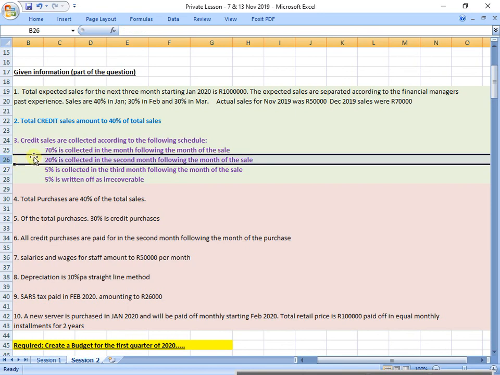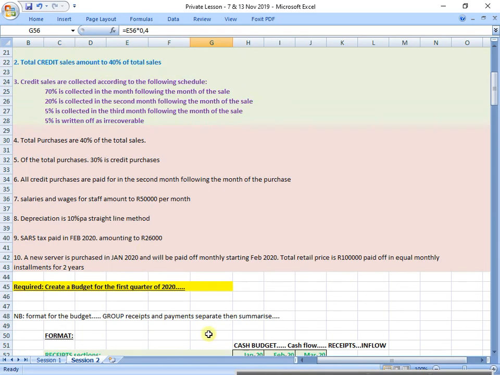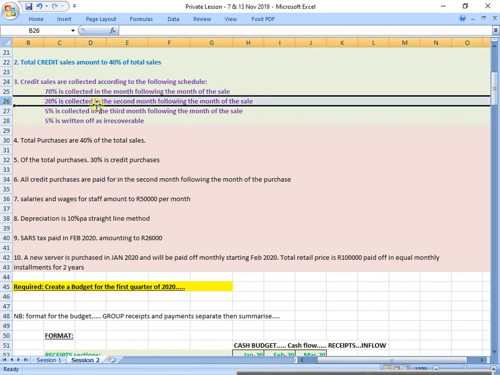Okay, look at the next line. 20% is collected in the second month following the month of the sale. What is the month of the sale? November. What is the second month after November? January. Agree? How much do you collect in the second month following the month of the sale? 20%.